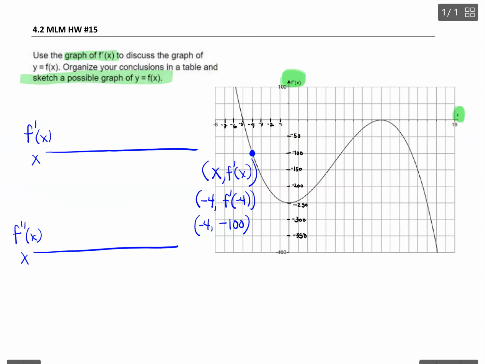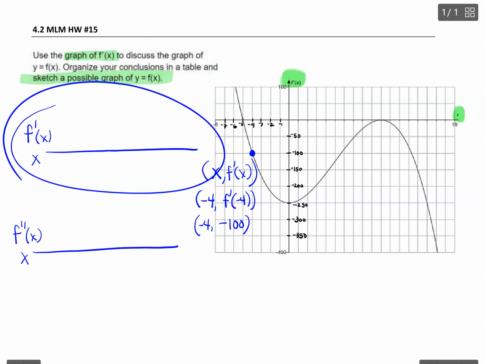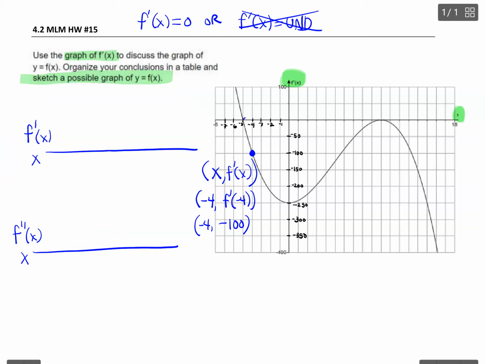So I can take information directly off this graph and put it onto this f prime of x sign chart. And on the f prime of x sign chart, we want partition numbers, right? That's where the first derivative is either going to be equal to 0 or undefined, but this is a polynomial, so we don't have to worry about that case. I just have to worry about where the output is 0. So that's actually going to happen here and here.